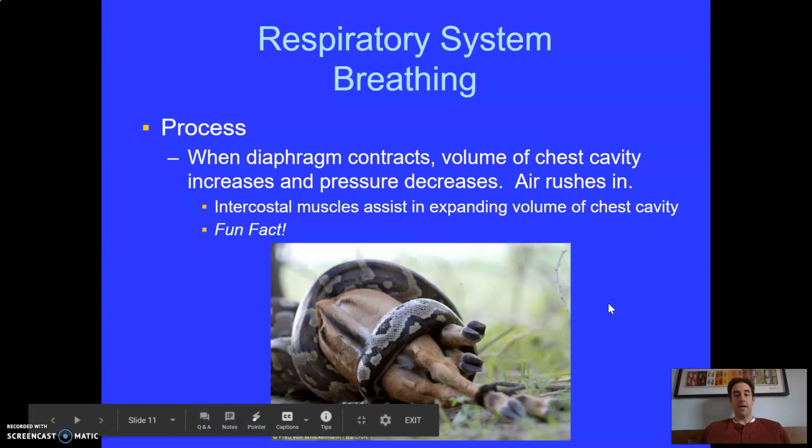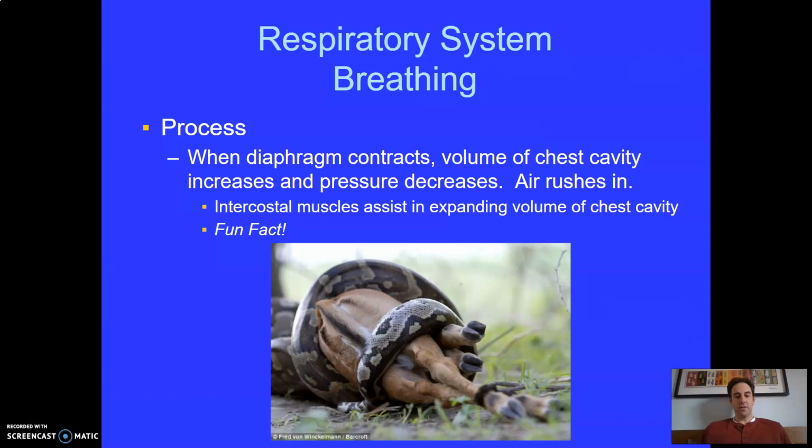Fun fact, the way a boa constrictor kills its prey is that it squeezes you and prevents your chest cavity from expanding. So when you take a deep breath and exhale, your chest cavity shrinks down, and then the snake cinches around you and doesn't let you expand anymore.